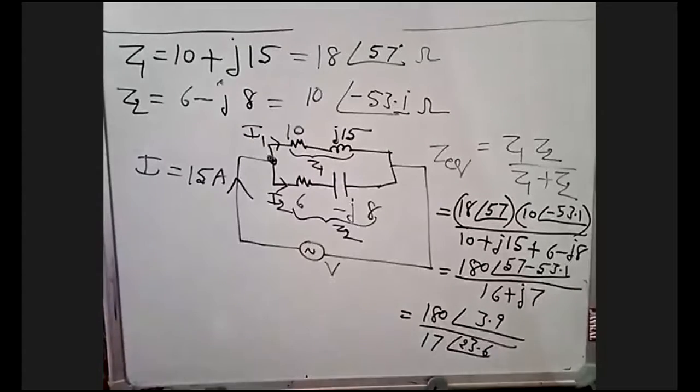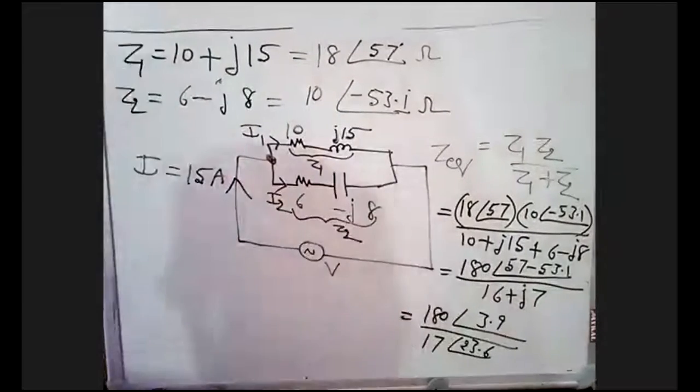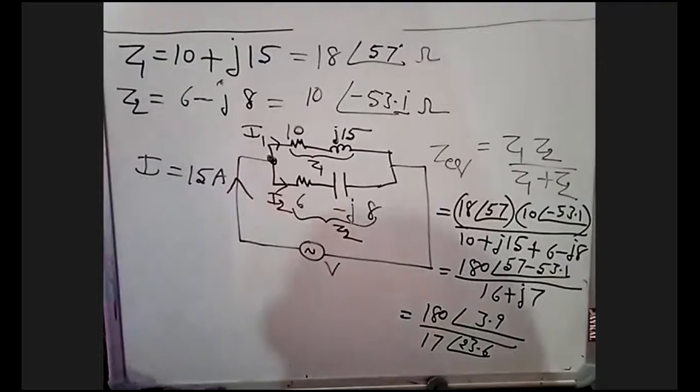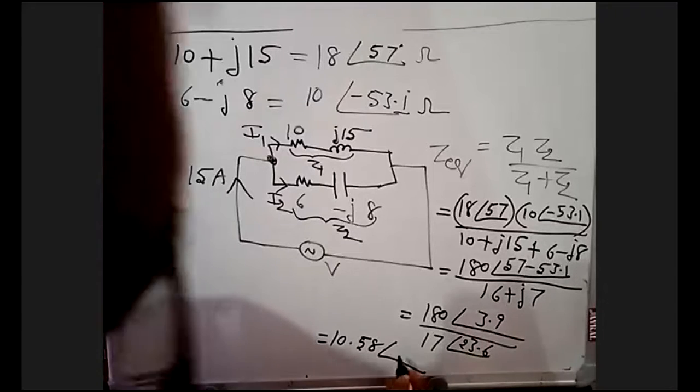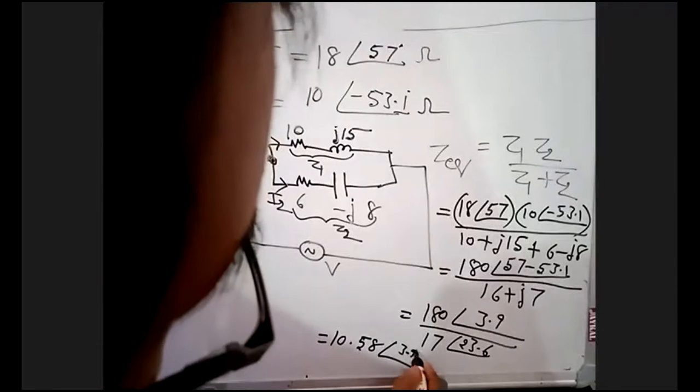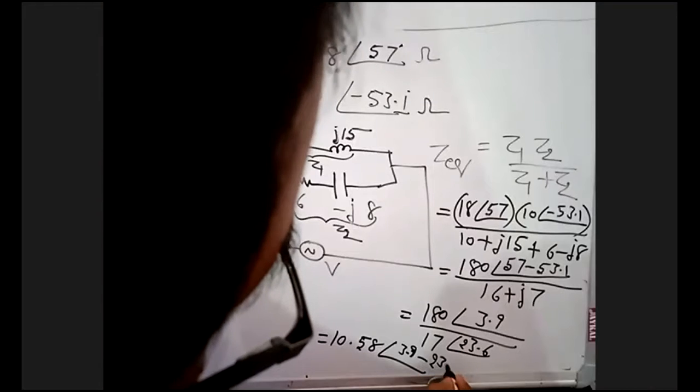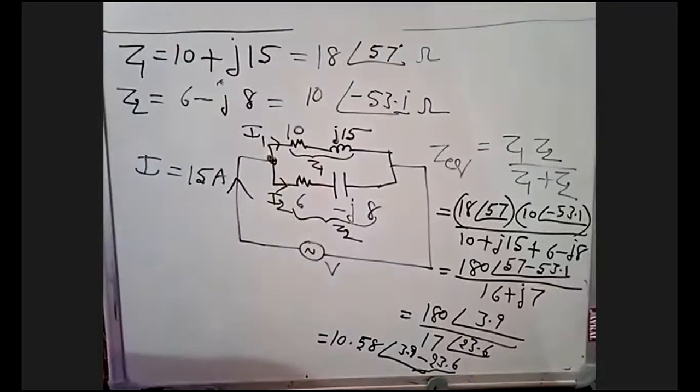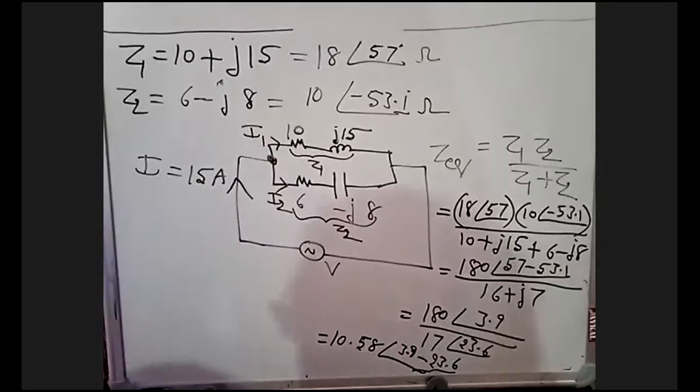Now 180 by 17 is 10.58, at an angle. If the angle comes from the denominator, it becomes minus: 3.9 minus 23.6, which is minus 19.7.